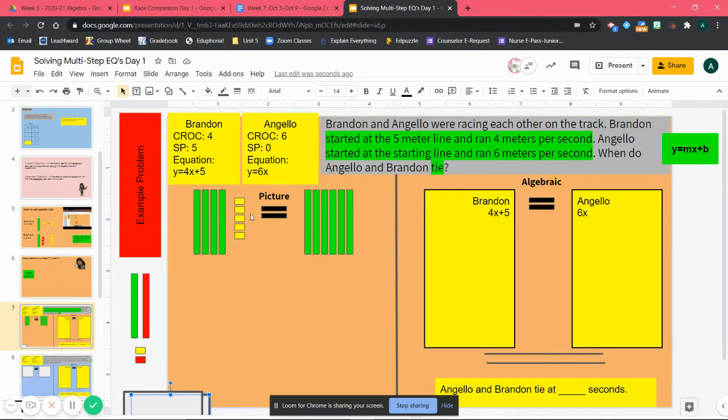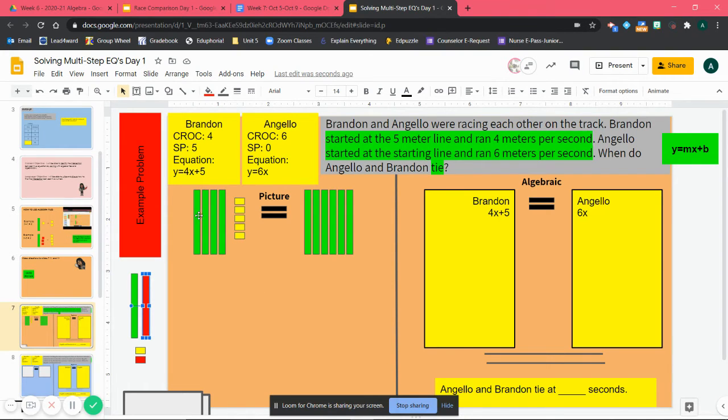I need to have all the x's on one side, because the point of solving is to make sure that I am solving for one x at the very end of this. So algebraically, I'm going to have to zero these 4 x's out. That way I can move my x's over here.